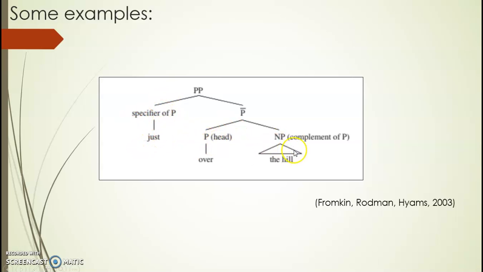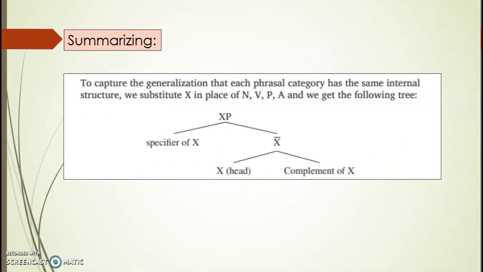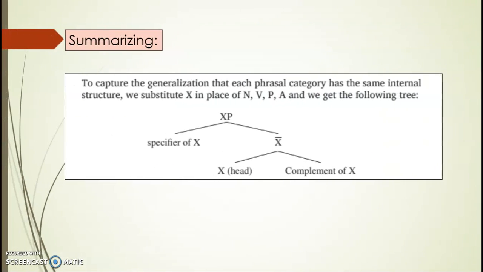So we have the specifier, the head, and the complement. To capture the generalization that the phrasal categories have the same internal structure, we substitute X in place of a noun, verb, preposition, adverb and adjective, and we get the following: the specifier of X, the head, and the complement of X.